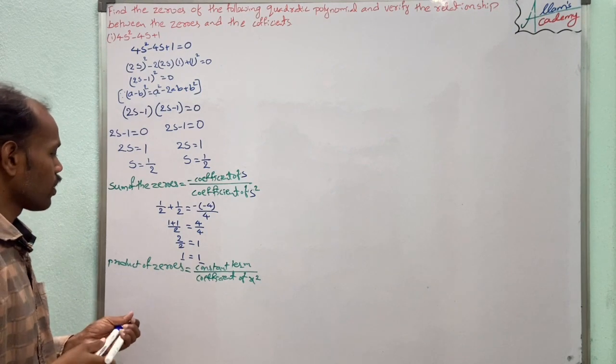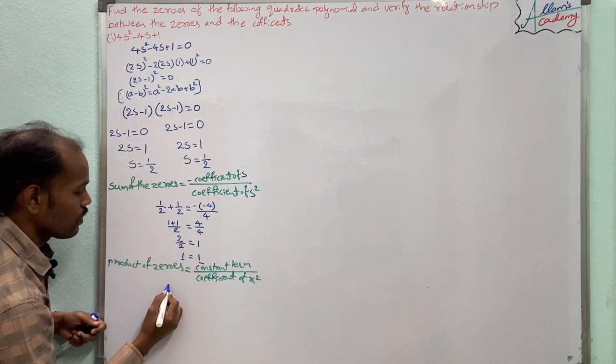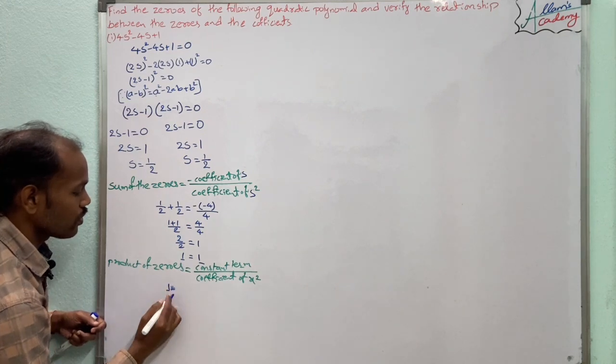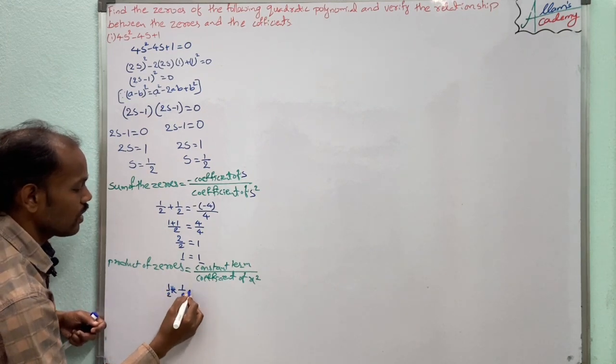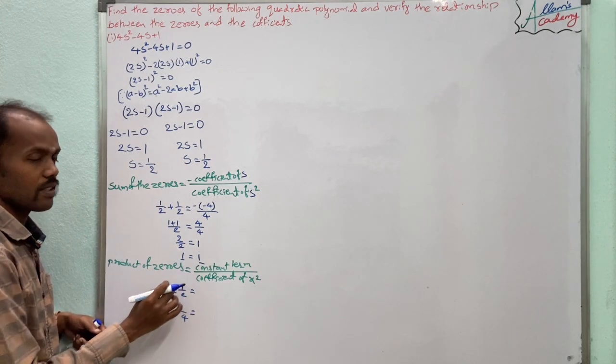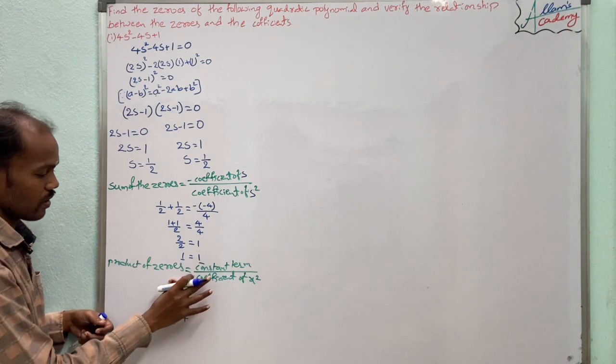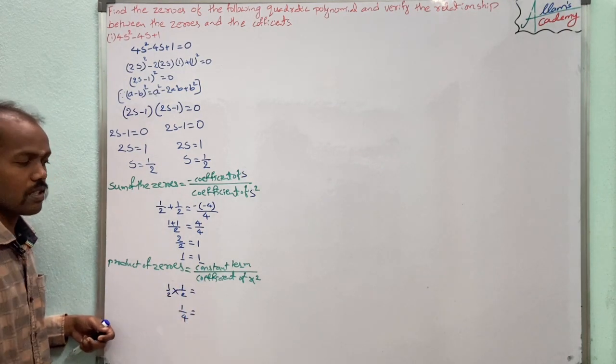Here the product of zeros, the zeros are 1 by 2 into 1 by 2. So 1 by 2 into 1 by 2 is 1 by 4, because the numerators 1 into 1 equal to 1, and the denominators 2 into 2 is 4.